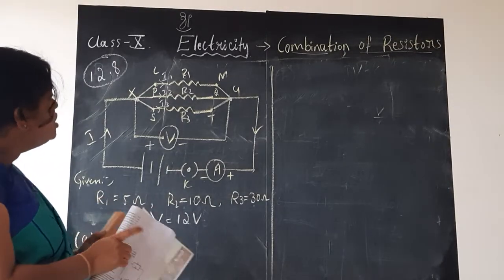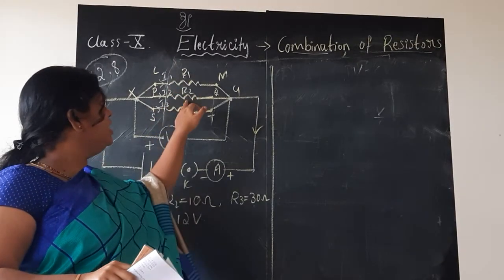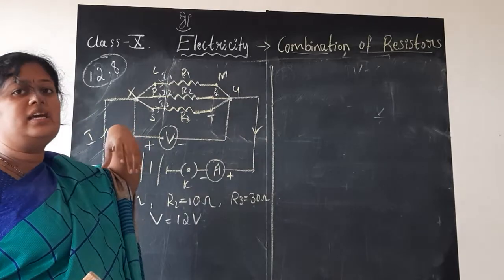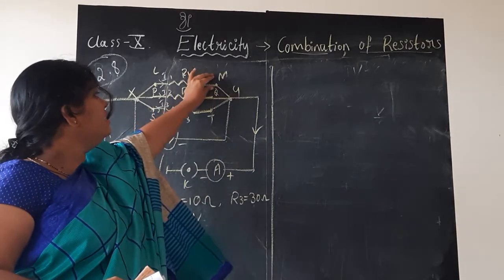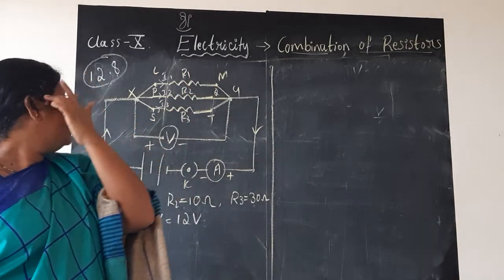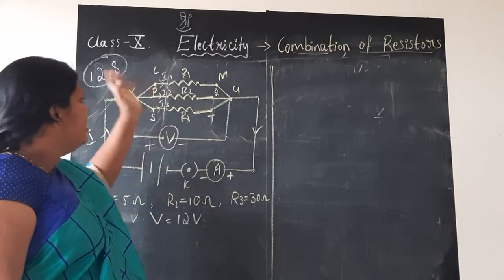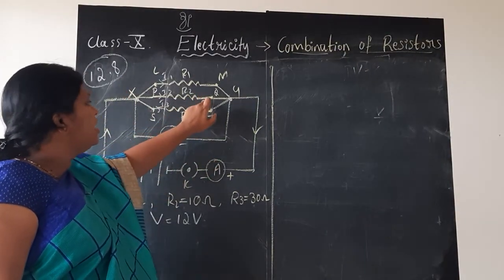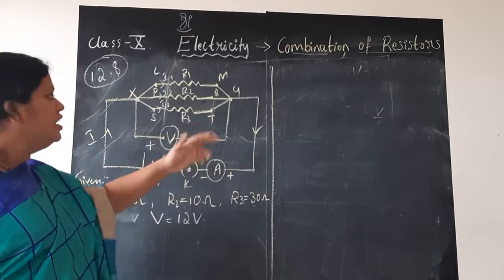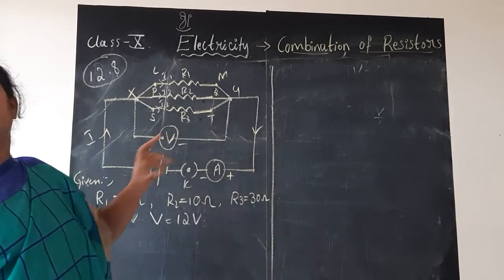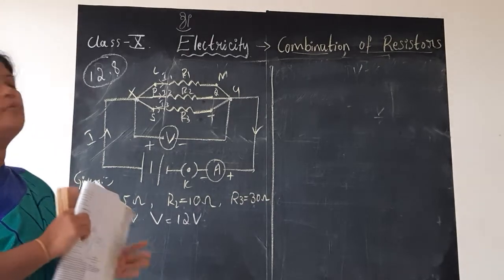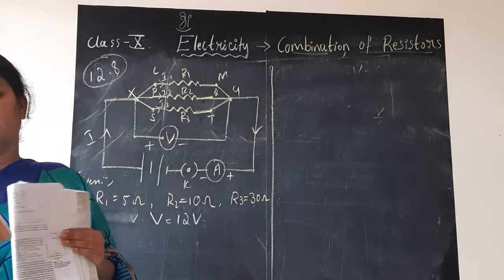So, how do you measure the current across these three separately? We studied in the activity: connect the ammeter near the resistor R1 in series first, note down the ammeter reading. Next, disconnect it, connect it near R2, note down the reading. Connect the ammeter near R3 in series and note down the reading. This is how you will find I1, I2, I3.